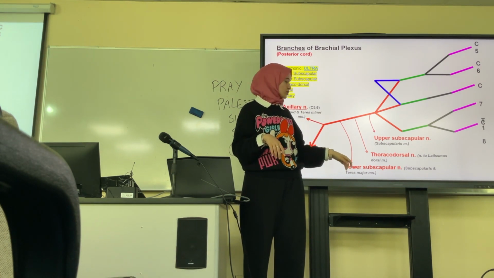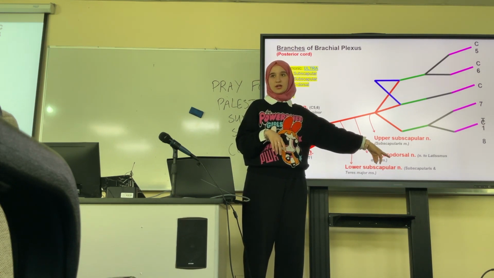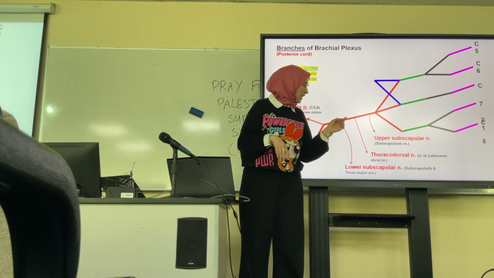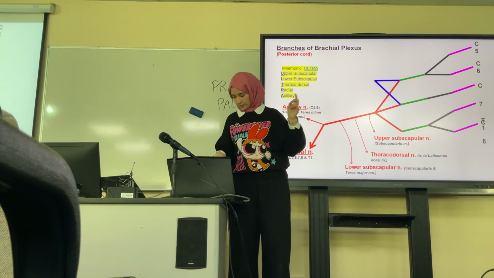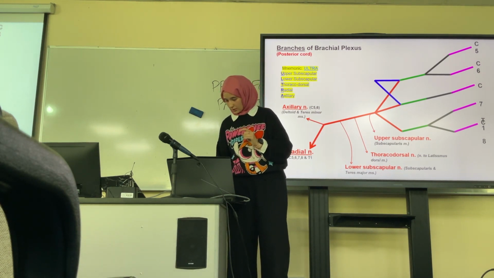You're going to focus on the teres major, because you know that the subscapularis still has another nerve supply. And the thoracodorsal is for the latissimus dorsi. I'm not sure that we have a question for that.